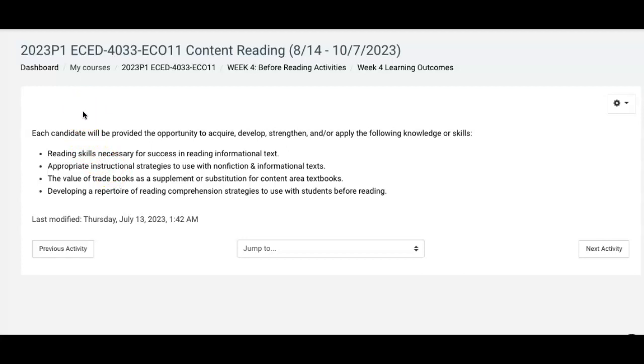By the end of the week, you'll have reading skills necessary for success in reading informational text, appropriate instructional strategies to use with nonfiction and informational text, the value of trade books as a supplement or substitution for content area textbooks, and developing a repertoire of reading comprehension strategies to use with students before reading.